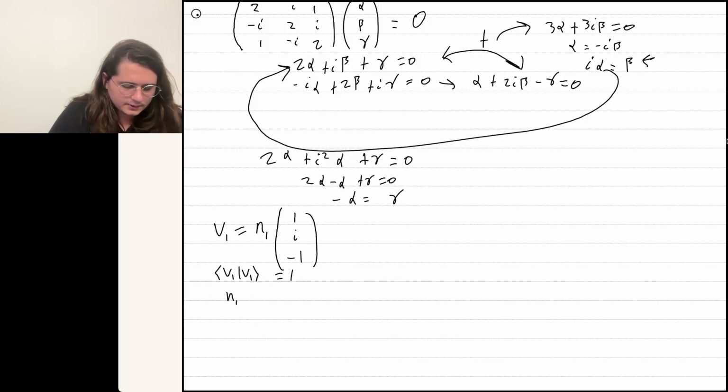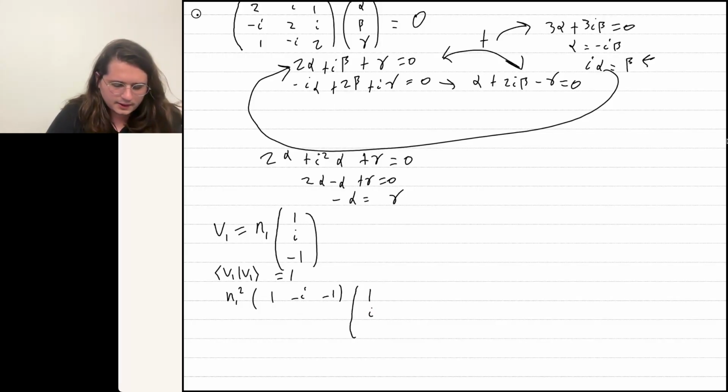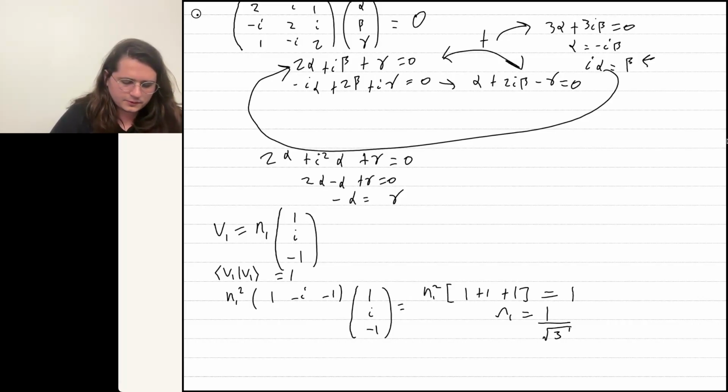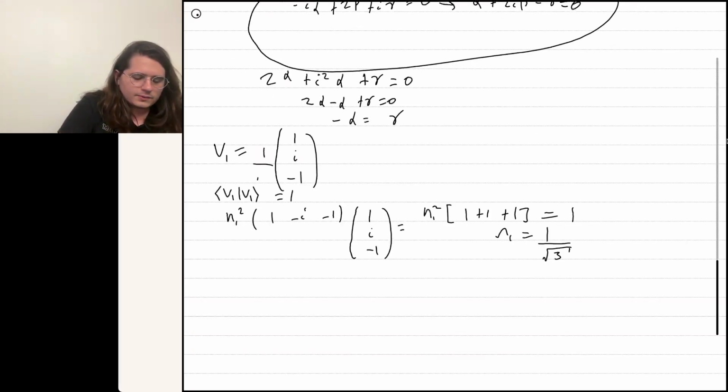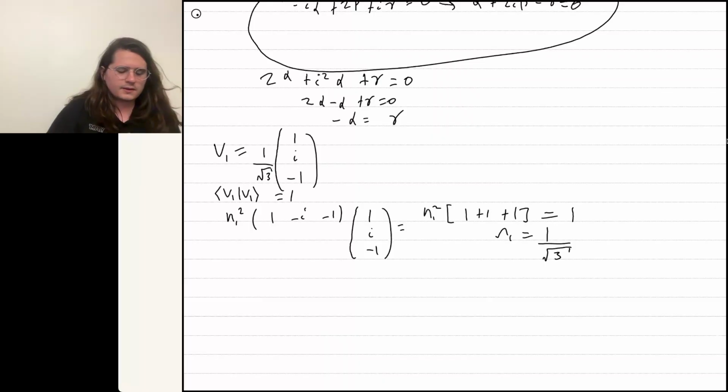You'll find that N1 squared times the row vector 1, minus i, minus 1, times the column vector 1, i, minus 1 gives you N1 squared times 1 plus 1 plus 1. And you set that equal to 1, and you find that N1 is equal to 1 over root 3. So that gives you the form for V1, right? That's telling you that V1 is 1 over root 3 times that thing.